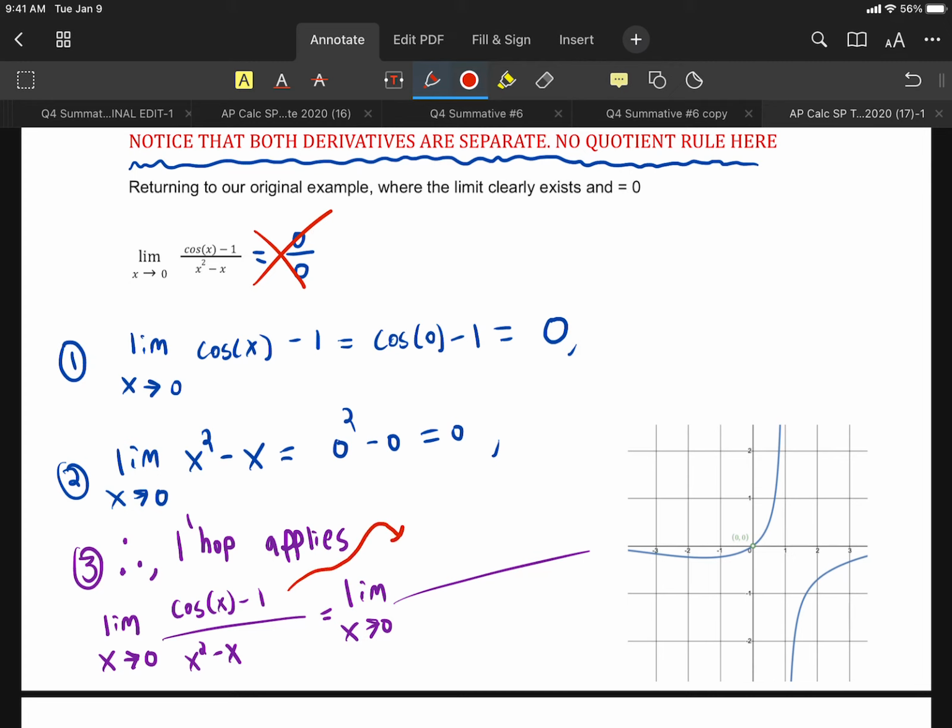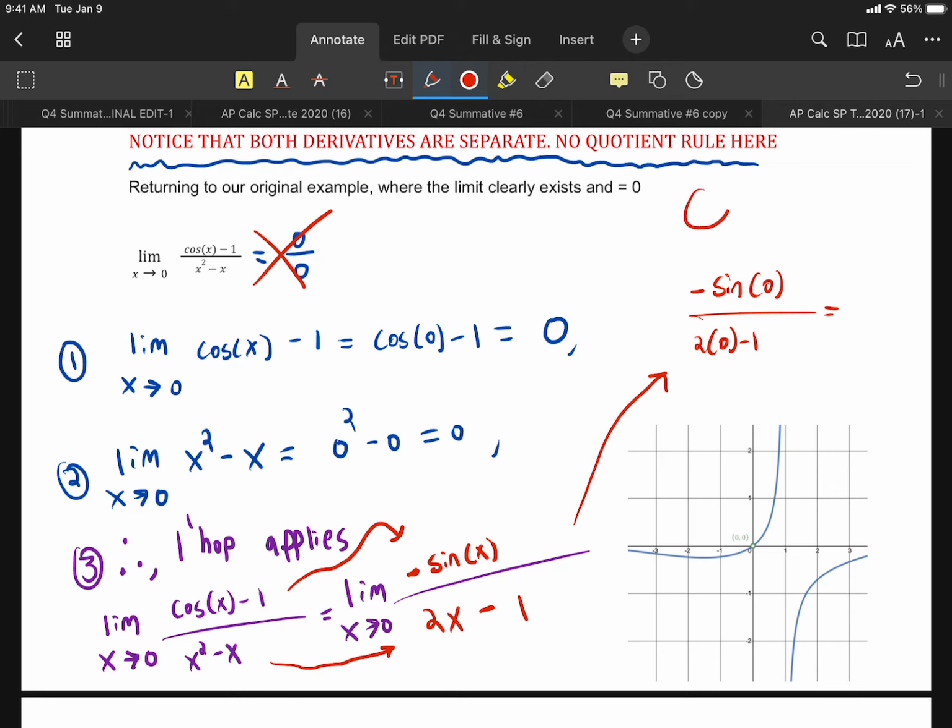The derivative of the cosine of x we know is negative sine of x. The derivative of x squared minus x is 2x minus 1. And so let's try and plug this in again. We'd have negative sine of 0 over 2 times 0 minus 1. Well, the sine of 0, okay, what's that going to give us?